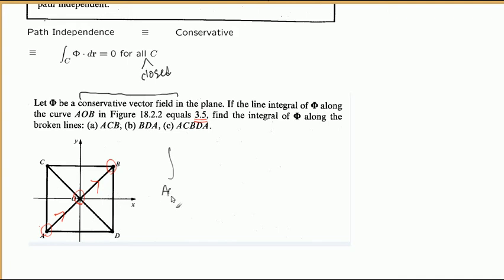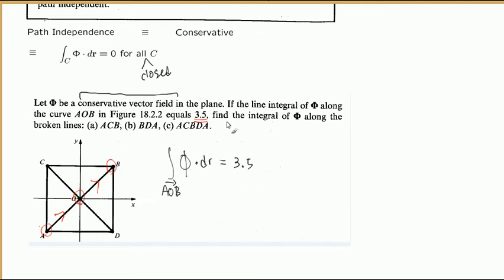So AOB in that order of the vector field like this, what is this line integral value? 3.5. Suppose that's given. This is not the only source of the field, so we can't argue that. So you can't argue the kinetic field because it's not the total force here, right? Okay, that's that.